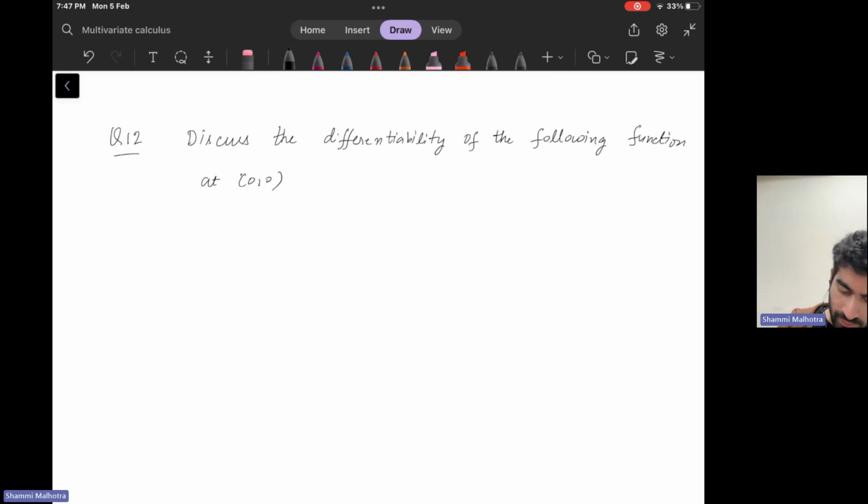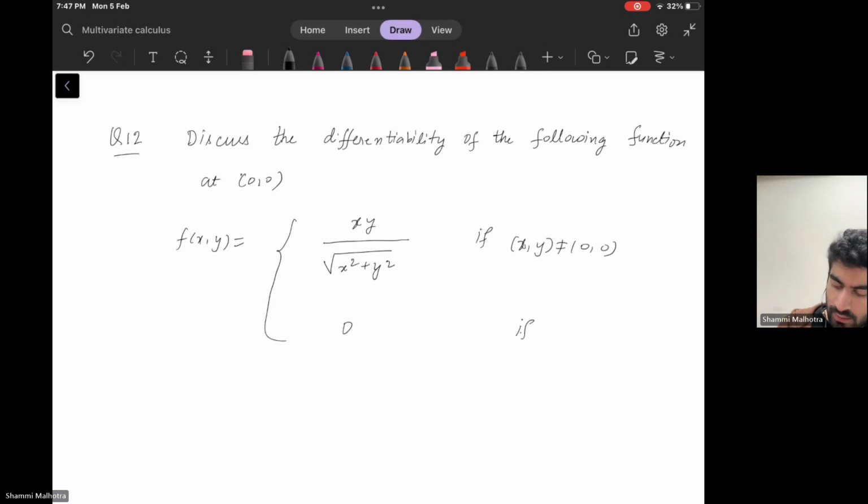The function is given as f(x, y) equal to xy divided by square root of x square plus y square if (x, y) is not equal to (0, 0), and 0 when x and y are equal to 0.